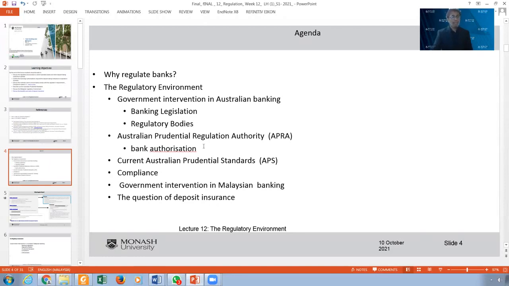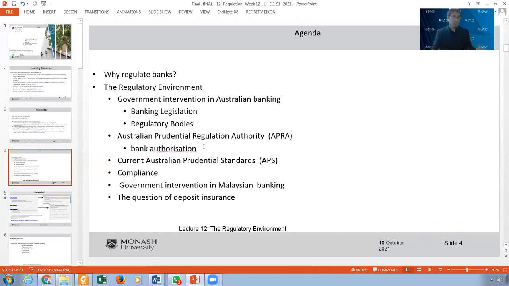After that, this body will issue prudential standards and start the process of supervising banks. So they will issue something called APS, which are the standards. Everybody has to comply with those standards, and if you don't comply, there will be enforcement.